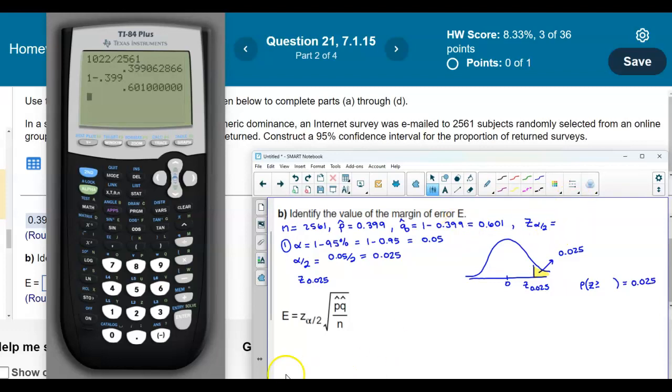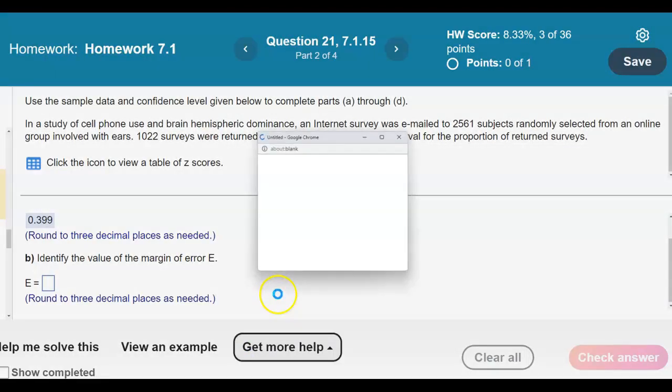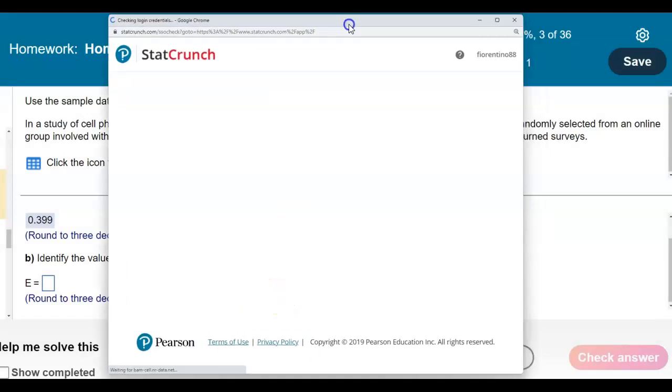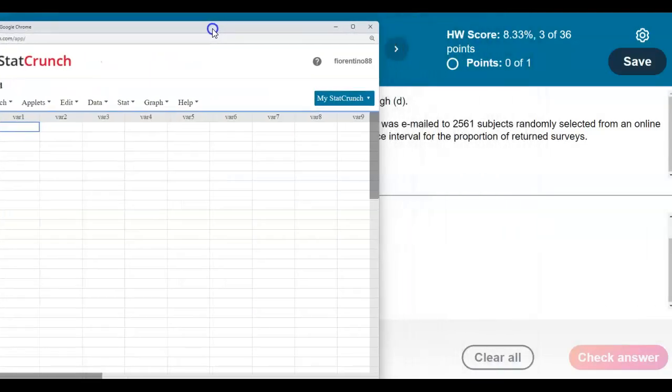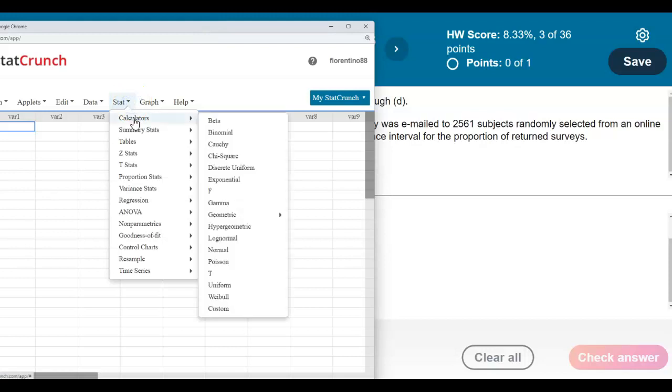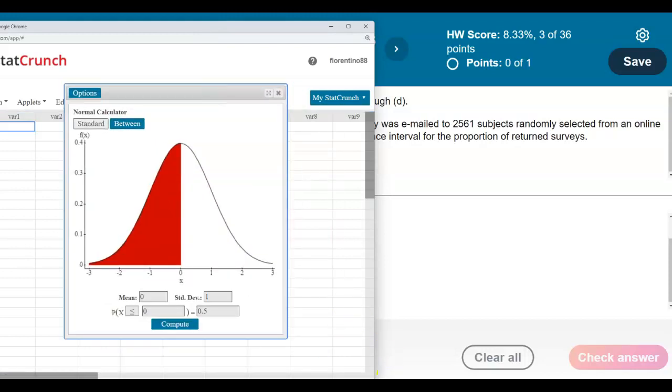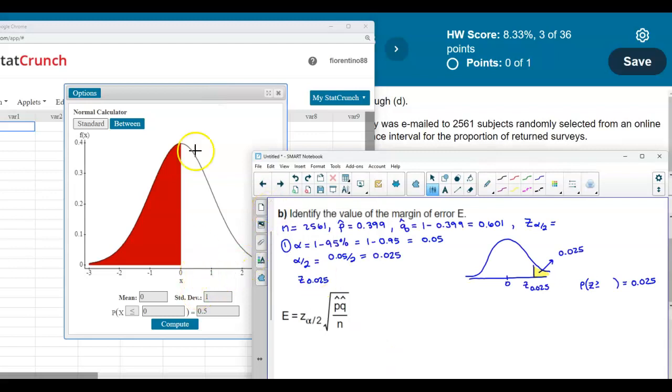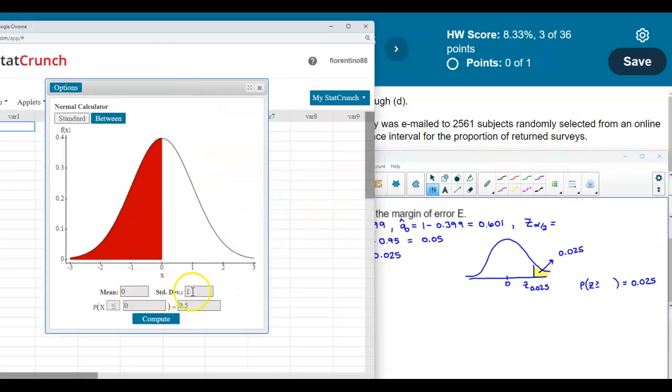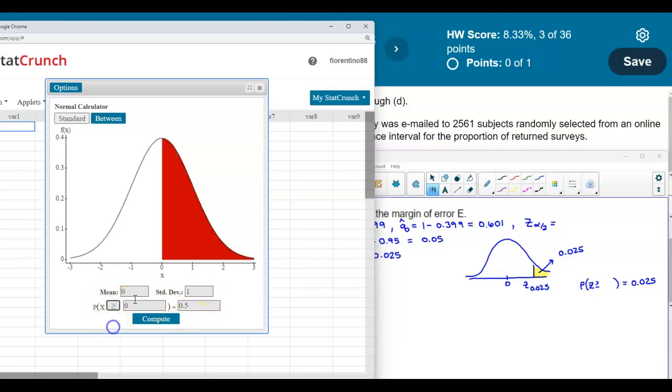So let's go ahead and do that using StatCrunch. We're going to open up StatCrunch, then go to Stat, select Calculators, and then go to Normal. We want to make sure that we have the mean of 0 and standard deviation of 1. We want to make sure that we're selecting greater than or equal to because it's shading to the right.